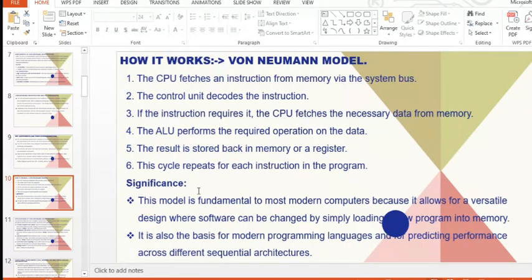What is the significance? The model is fundamental to modern computers because it allows for versatile design where the software can be changed by simply loading the program into the memory. It is the basis of modern programming languages, and for predicting performance across different sequential architectures. That's the aspect for the von Neumann architecture.